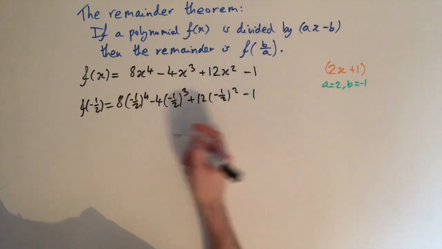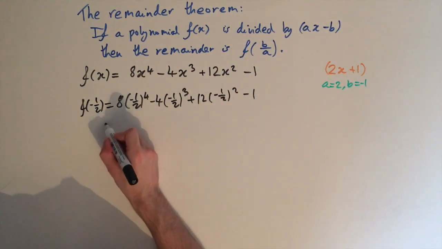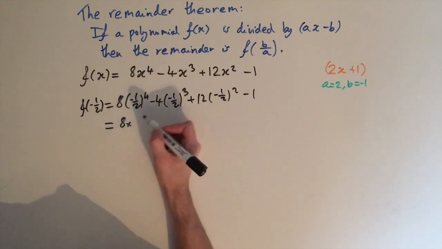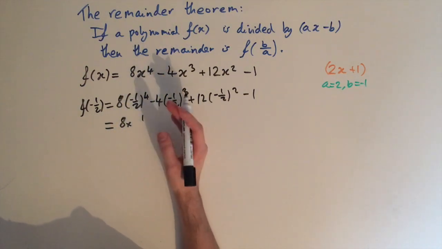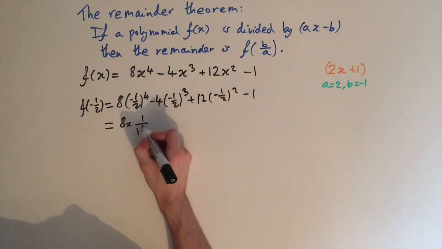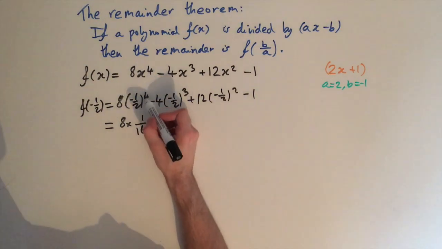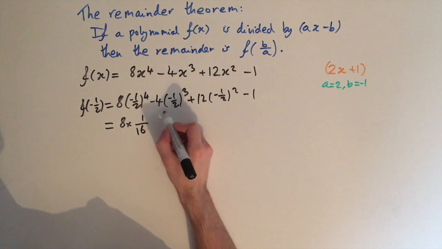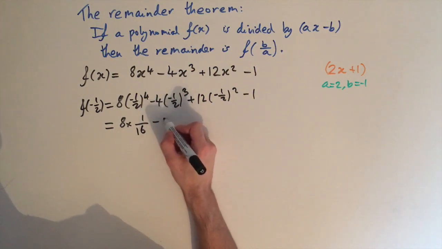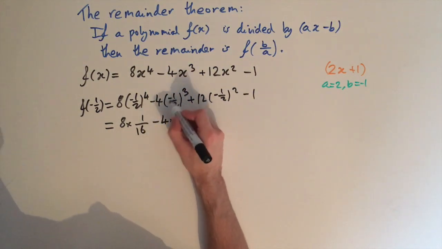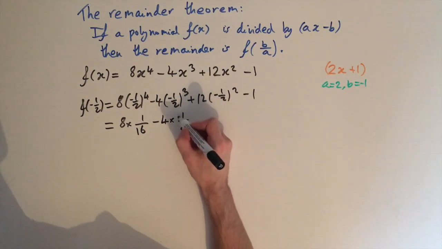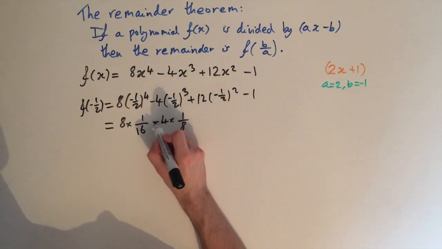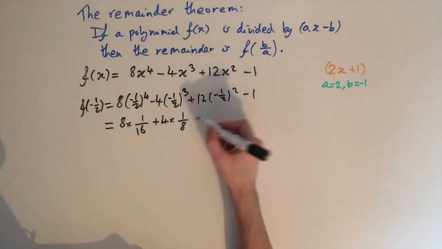So you can either use a calculator or we're going to do it by hand now. We have 8 times this to the power of 4 comes out as, so half, a quarter, an eighth, 1 over 16. And the minus disappears because this is an even power. And then we have minus 4 times, so minus a half cubed is minus 1 over 8. And I'm going to bring the minus with this, combine it with this one, and this is going to turn it into a plus.